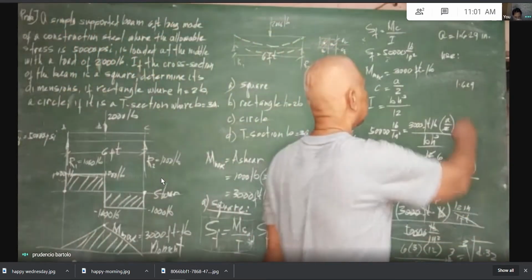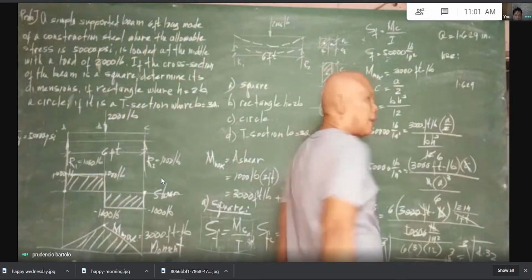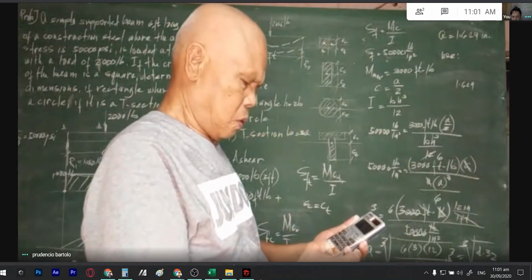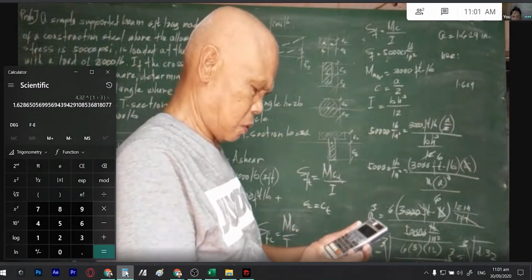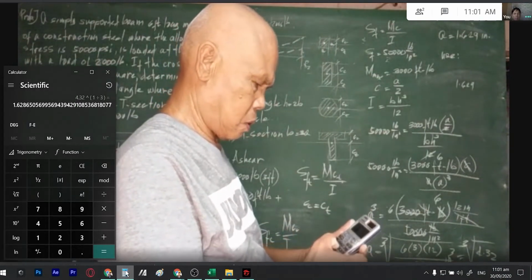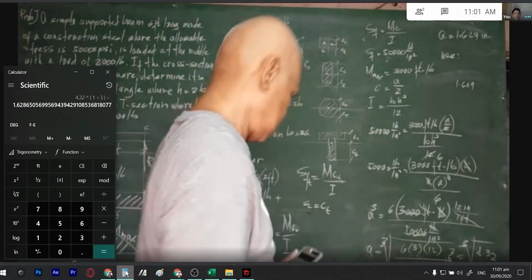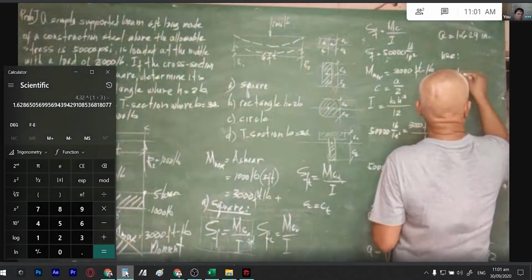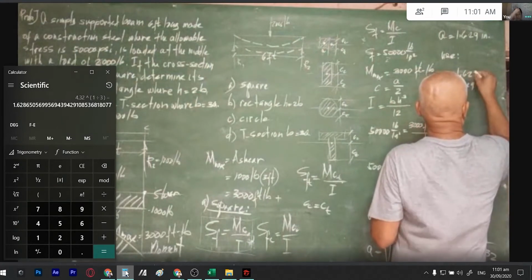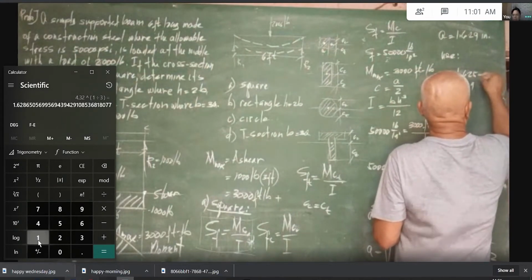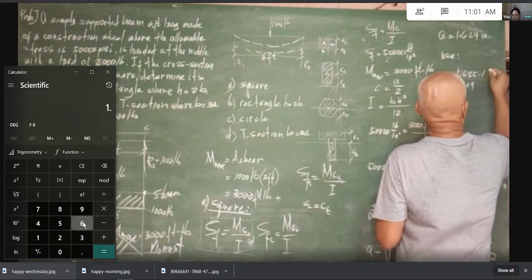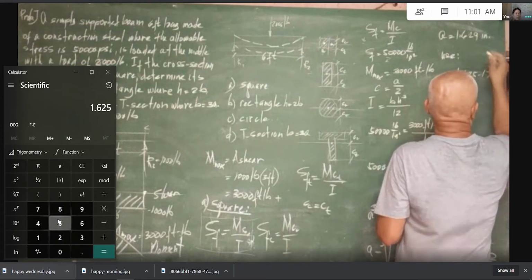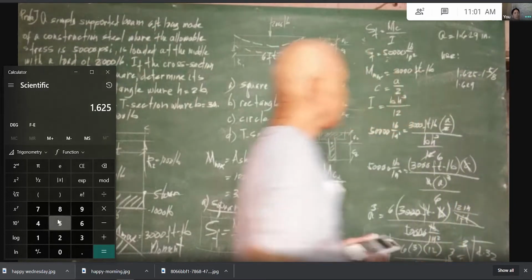For this, the lower value will be equal to 1.625, equivalent to 1 and 5/8 of an inch.